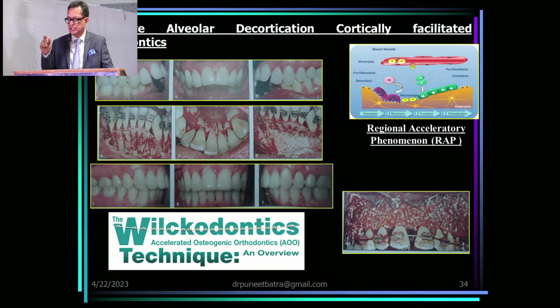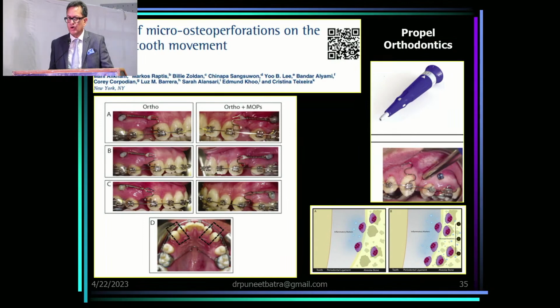Also, decortication or cortically facilitated orthodontics using something called the RAP phenomenon. What is RAP? Regional accelerated phenomenon. Now, this phenomenon happens because of the surgical insult which you have done, and this surgical insult is going to enhance the rate of tooth movement. Micro-osteoperforations are also something which can enhance the rate of tooth movement.